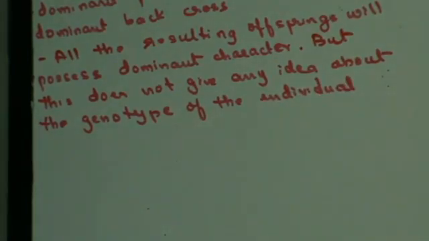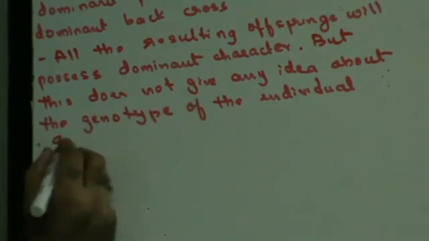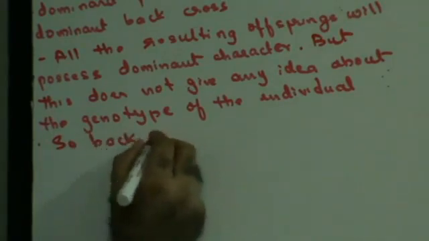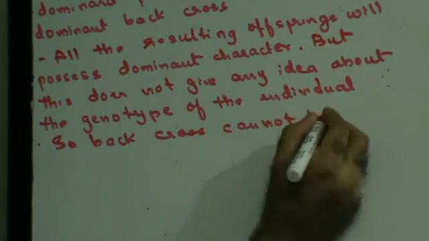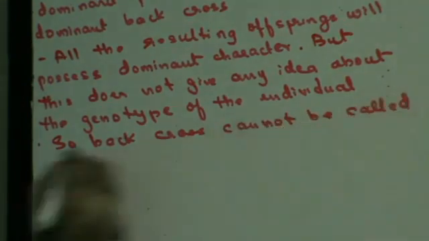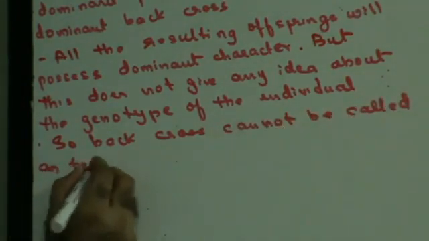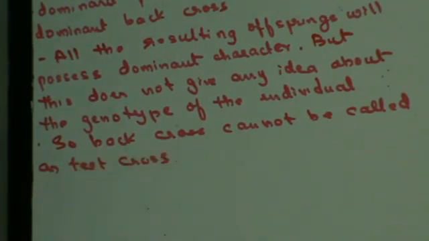Whether the genotype is TT, both capital T, or one capital T and small t, so the backcross cannot be called a test cross. Right? Let's try to understand this with the help of a diagram.